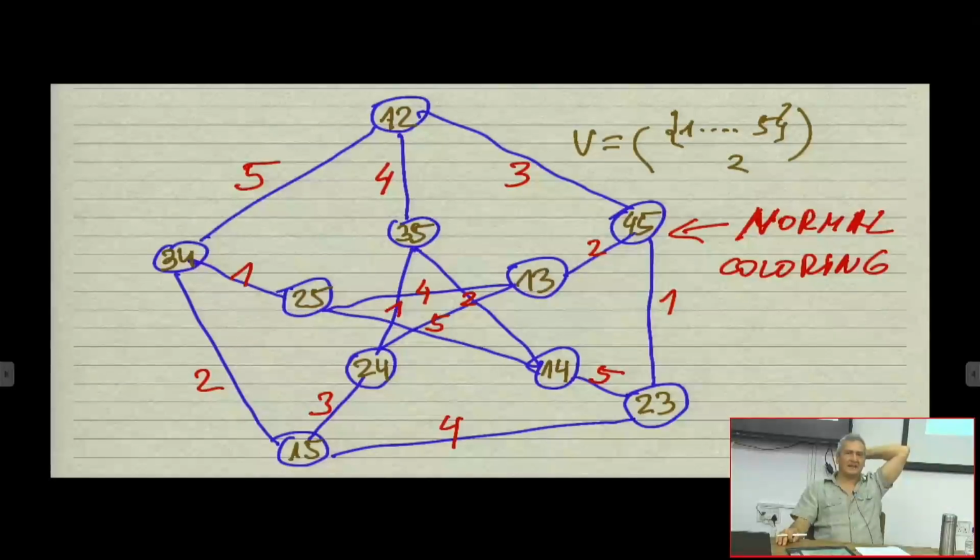But there is another, a little bit more confusing coloring which François Jaeger introduced before this normal coloring. It's called Petersen edge coloring.